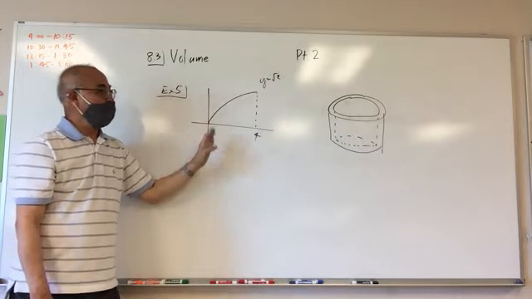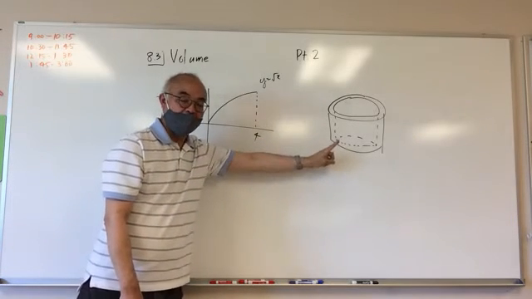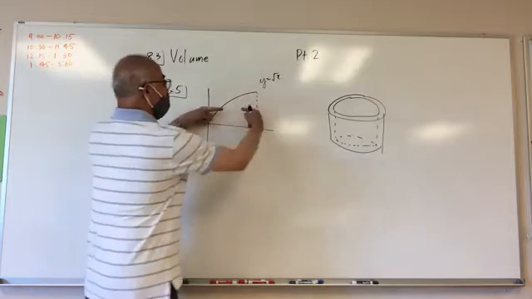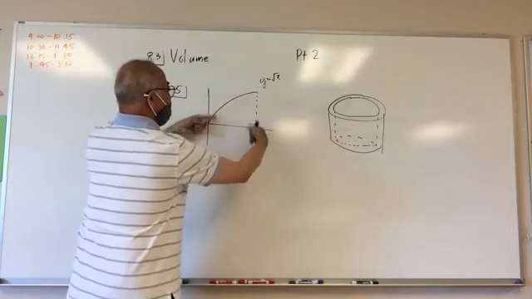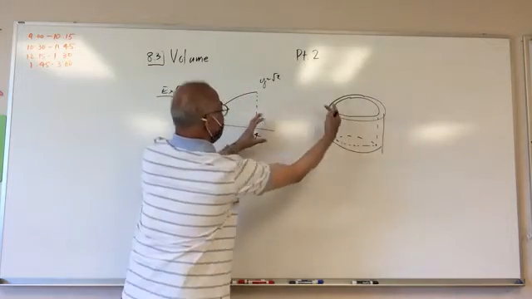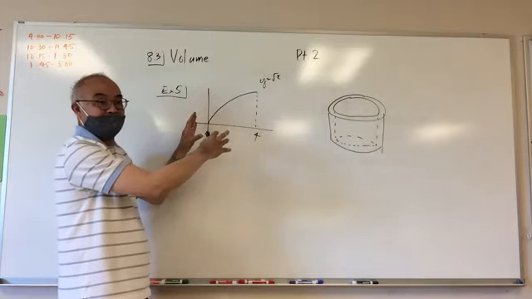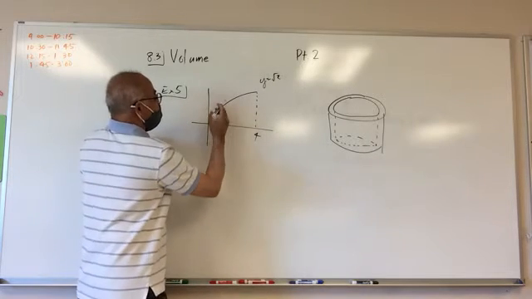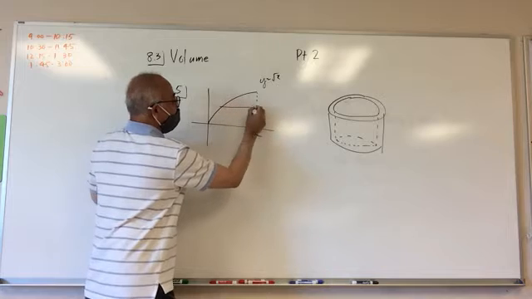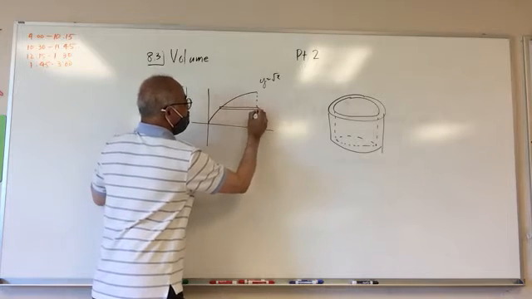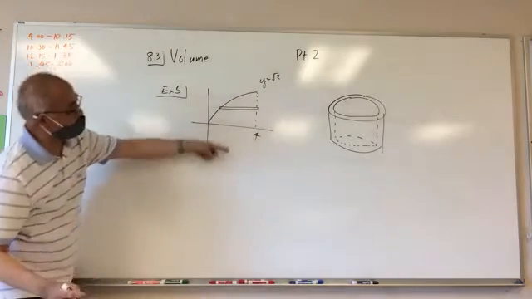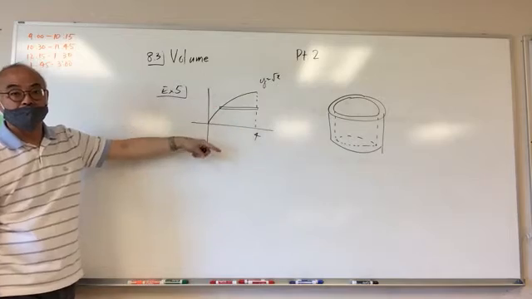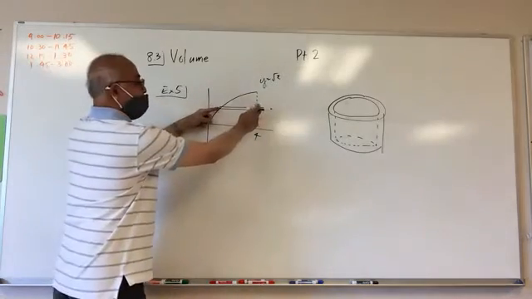The way you're going to calculate the volume of this, it's going to be on its side like this. The cylindrical shell itself has a height like this, and you're rotating this little slat-looking thing around.